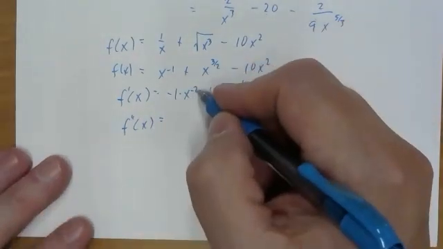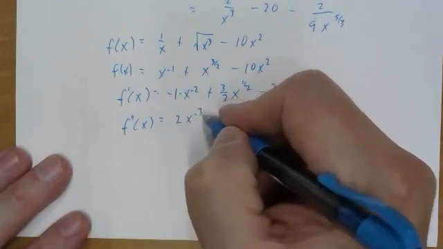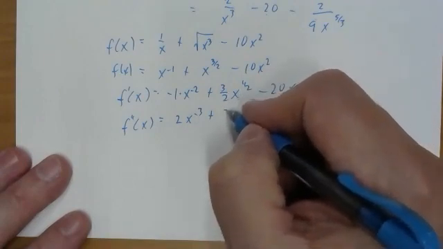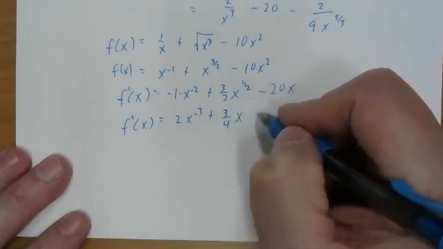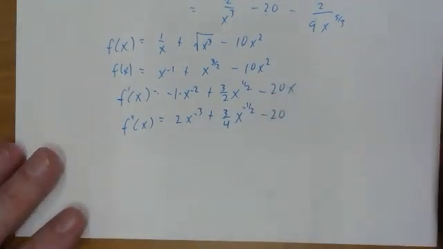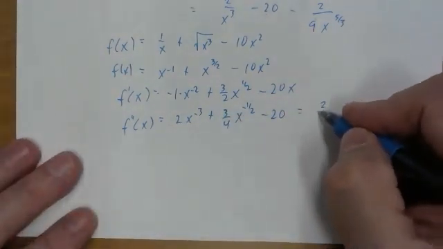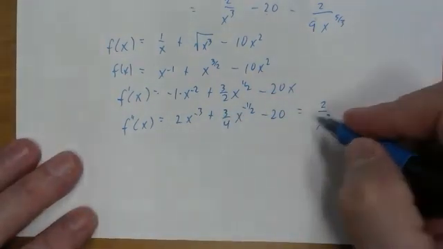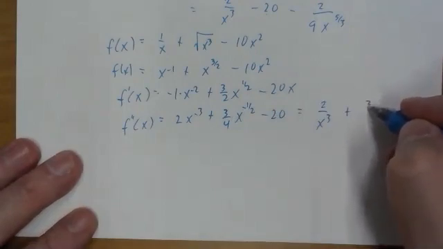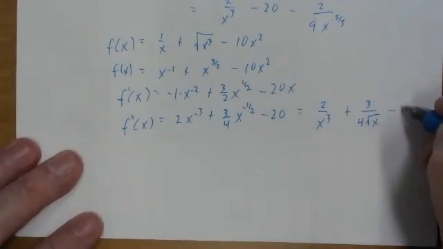Second derivative: -2 becomes 2x to the -3. The 1/2 comes down front, like 3/4 x to the -1/2 minus 20. So if I clean this up, 2 over x cubed plus 3 over 4 square root of x.